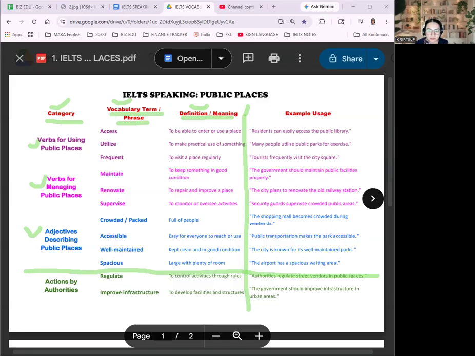To monitor or oversee activities, to repair and improve a place, to keep something in good condition. Adjectives: crowded, packed, accessible, well maintained, spacious. Full of people, easy for everyone to reach or use, kept clean and in good condition, with plenty of room. Okay, yes, thank you.